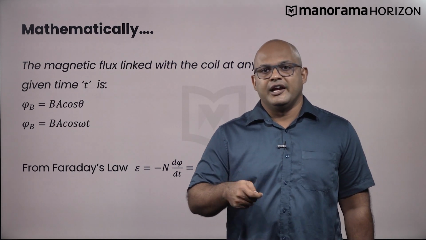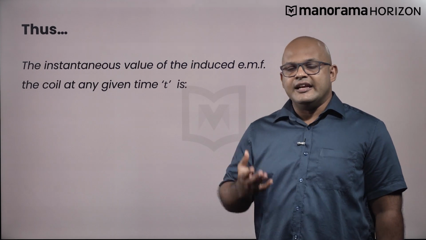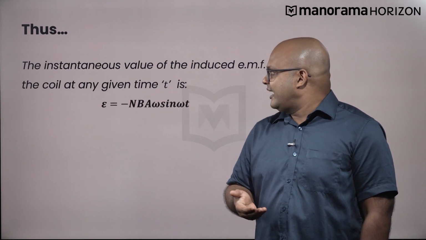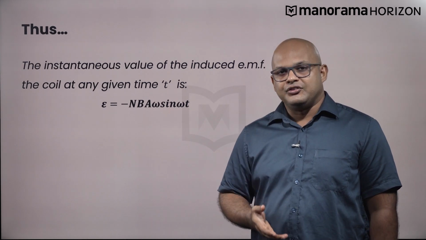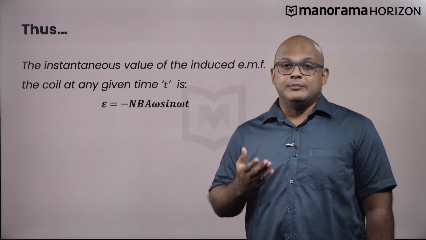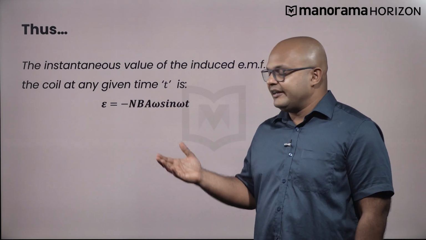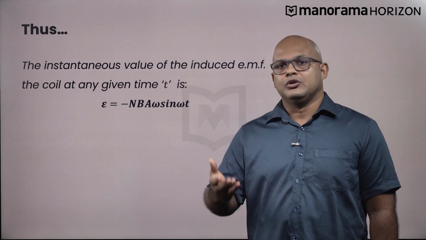Taking this derivative, we get the instantaneous EMF generated in the coil at any given time t, and that is E = -N B A omega sin(omega t). Here N is the number of turns in the coil.